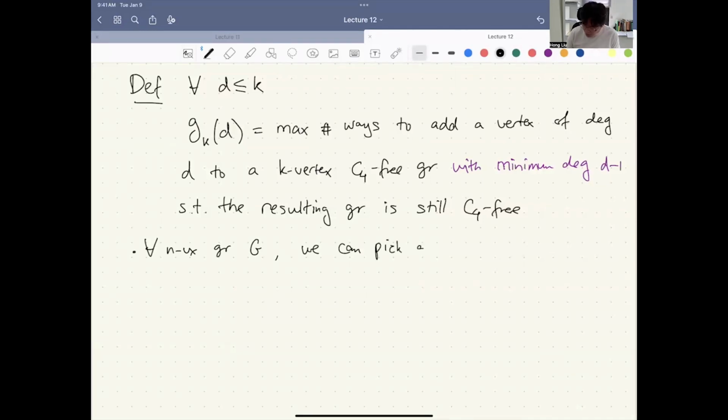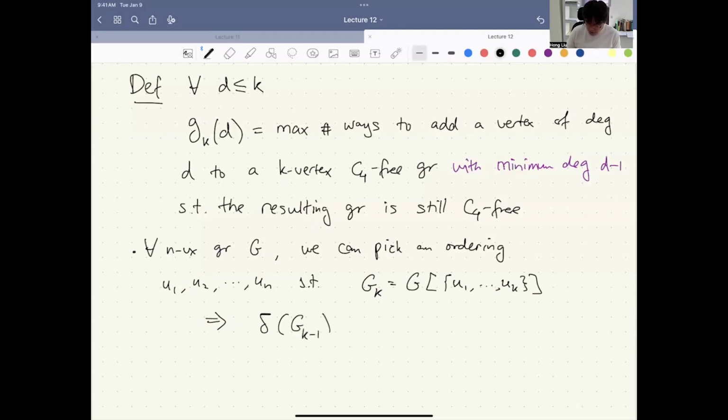How do we pick V1, V2 up to Vn, let me call it U to not confuse you maybe, such that if we call GK the graph induced on the first K vertices, then the minimum degree of GK minus 1, which is this graph we talk about, will be at least the degree of vertex UK in the graph GK minus 1.